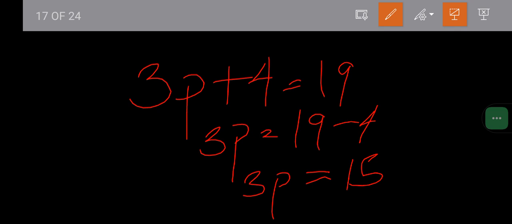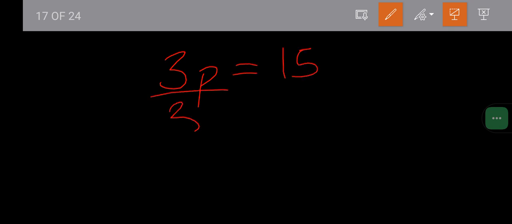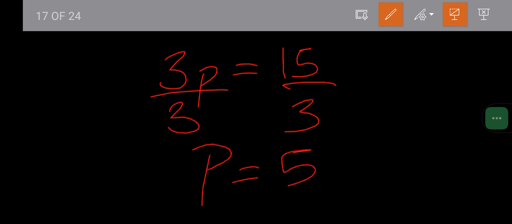And how do we make p stand on its own? Divide both sides by 3. So p equals 5. If you got that as well, well done.